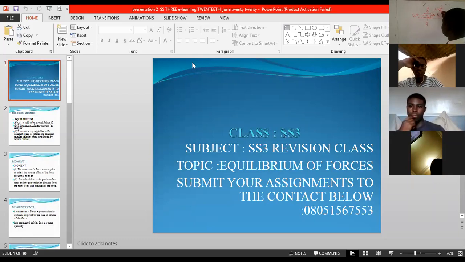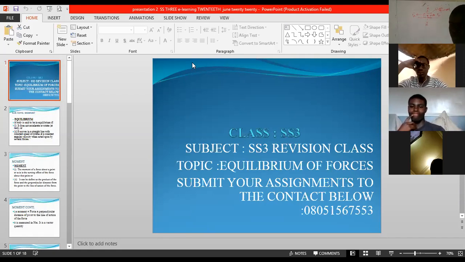These are the four forces that act on this block of wood. Now, this block of wood is at equilibrium because the upward force is equal to the downward force, and this pulling force is equal to the frictional force.